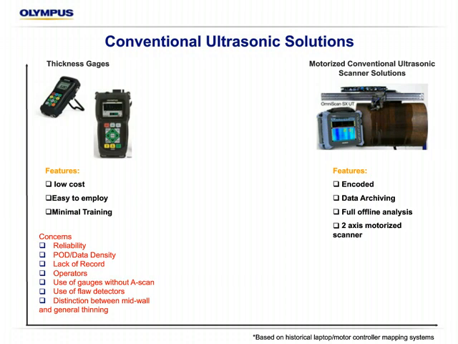Digital readout type thickness gauges that don't provide a waveform for the operator to confirm it's taking the right measurement, or to confirm thinning wall versus mid-wall anomaly, are usually better suited for the manufacturing industry, where you're just trying to measure thickness and not corrosion or something in service where there could actually be a damage mechanism present.